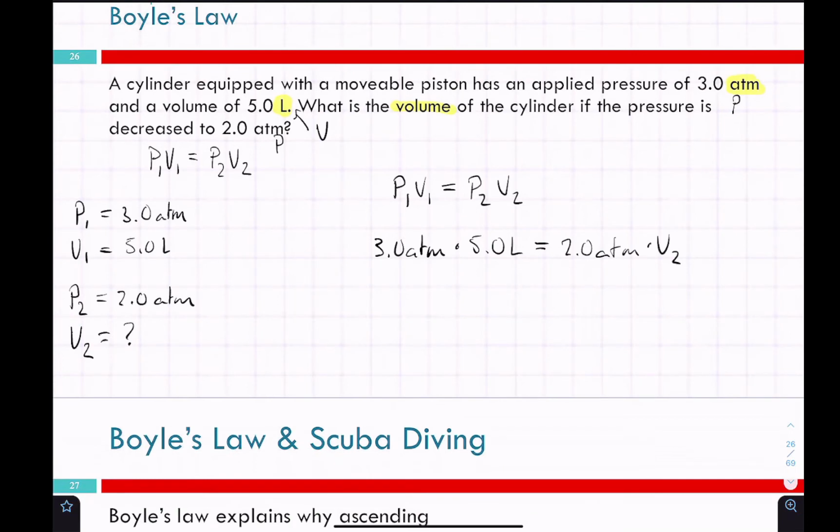You're going to multiply first, and until we cancel out units, we keep all the units in there. So this is going to be 15.0 atmosphere liters, because it's atmospheres times liters. And they got 2.0 atmospheres times V2.